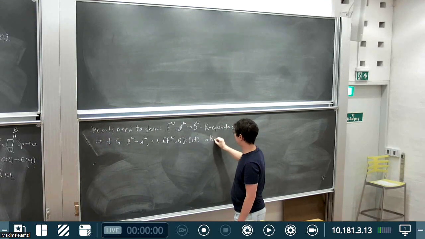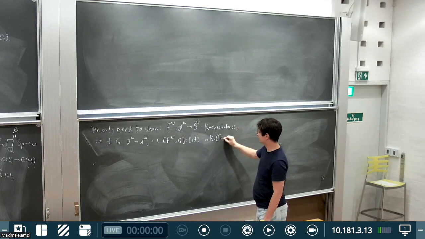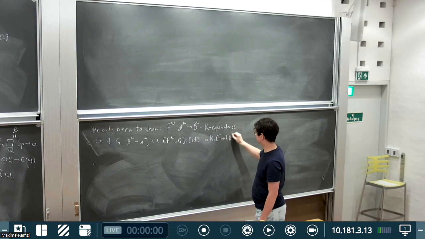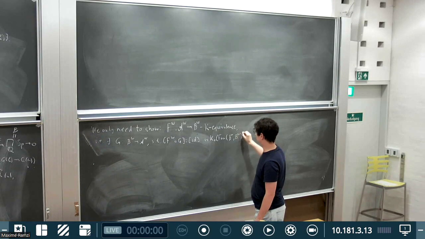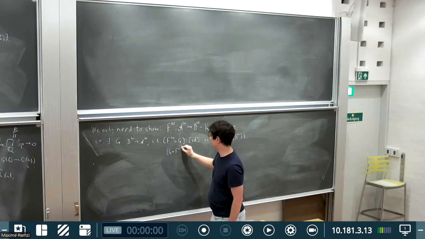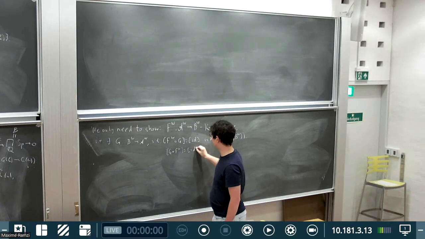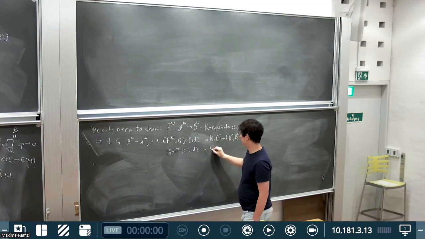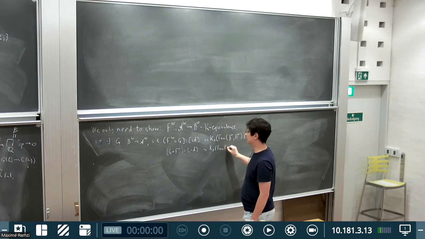So this equality in K0 of exact endofunctors of B omega. And the same g composed with f omega is the same as the class of identity in K0 of endofunctors of A omega.